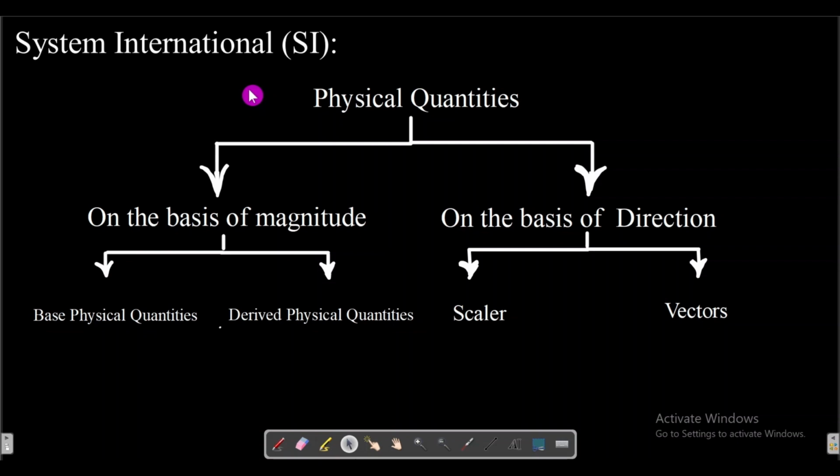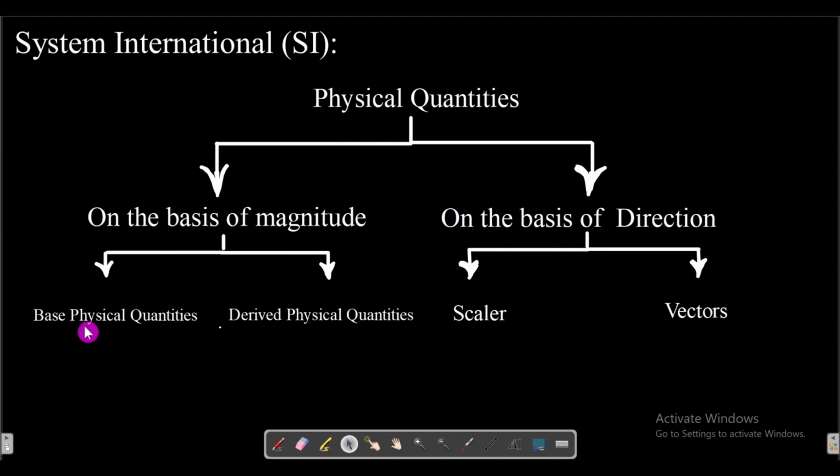Today in this lecture, we will study the System International, and after that, we will discuss the physical quantities and the types of physical quantities: the types on the basis of magnitude and the basis of direction. On the basis of magnitude, the physical quantities have two types.